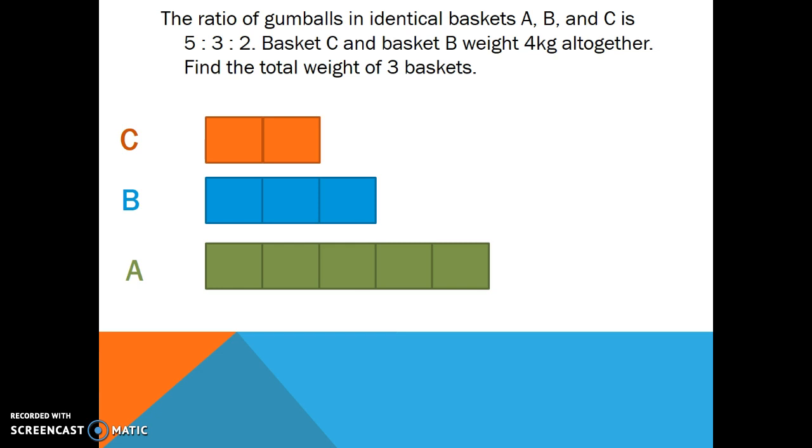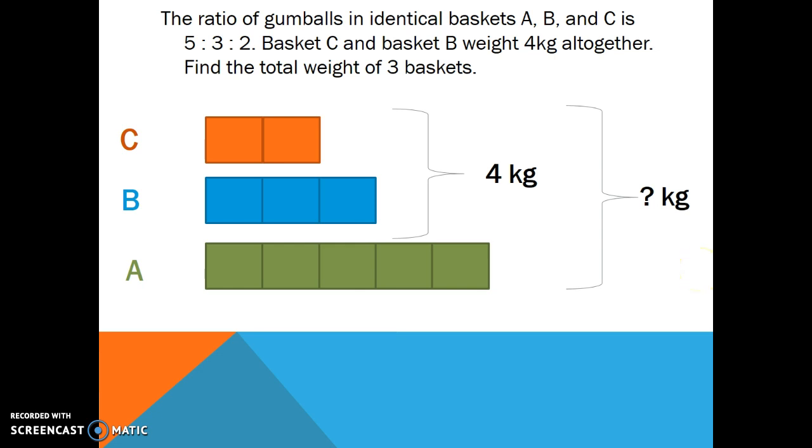Basket C and B weigh 4 kilograms altogether, so let's draw little brackets that show those units together weigh 4 kilograms. And we want to know the total weight of all 3 baskets, so I've got a bracket there to show our question.